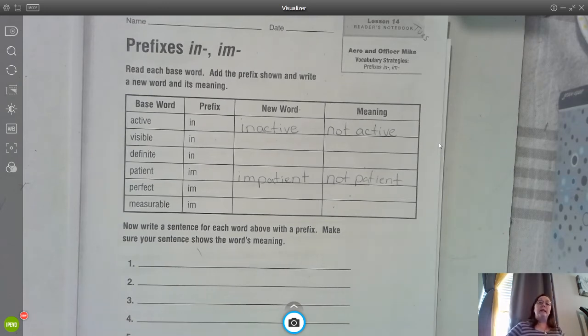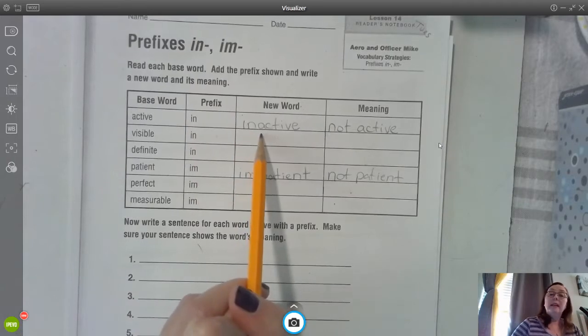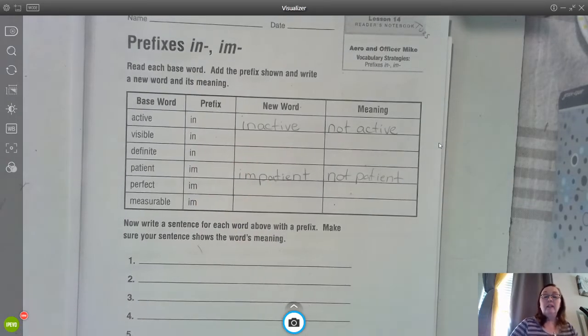So we need to make sure that we're using context clues to help give our reader an idea, to show me that you know what the meaning is. So if our new word is inactive, then let's write a sentence using the word inactive.